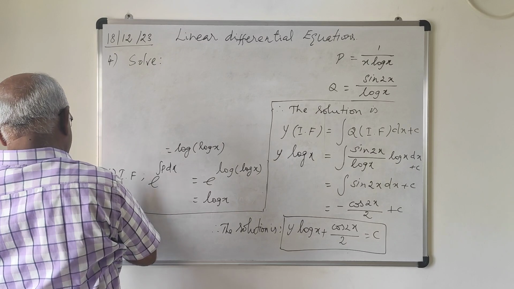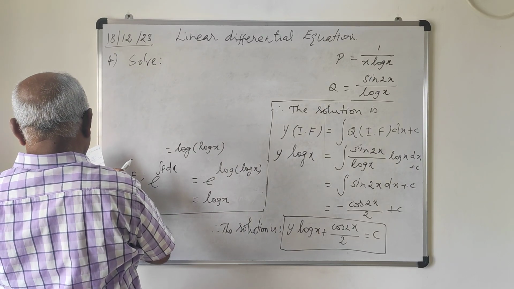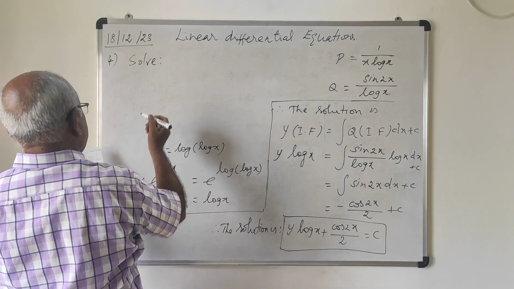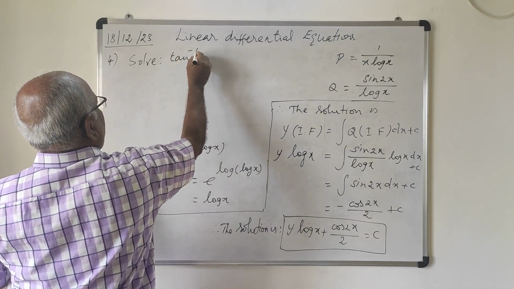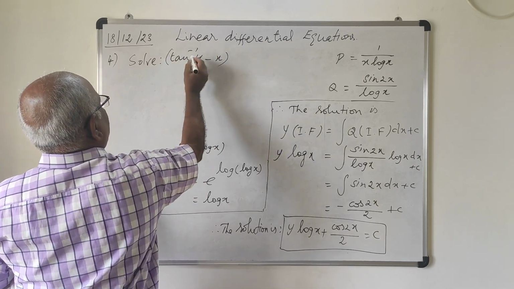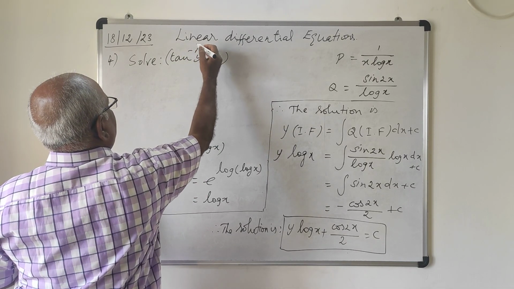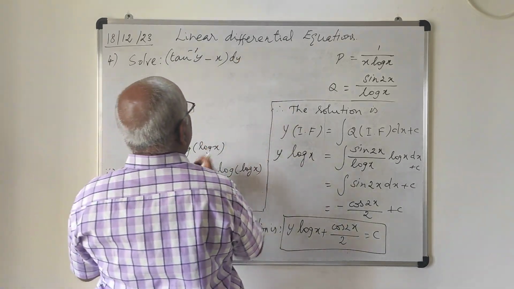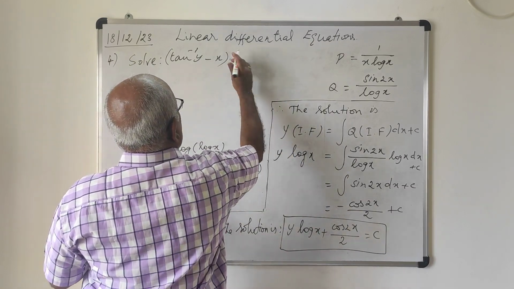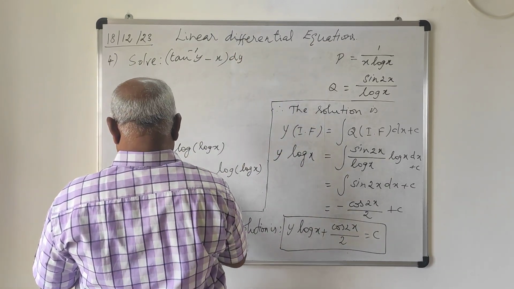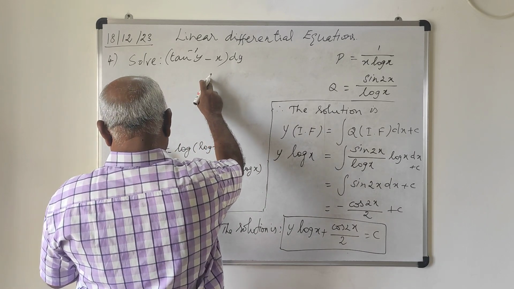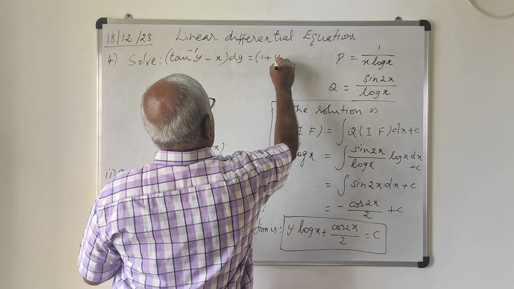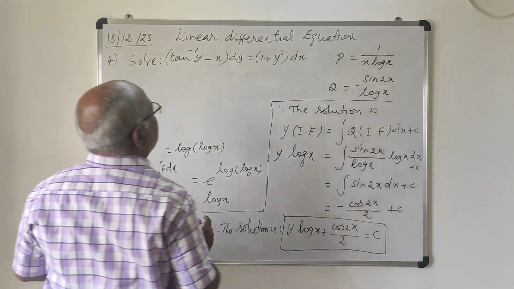In this problem, consider tan inverse y minus x into dy equal to 1 plus y squared dx.